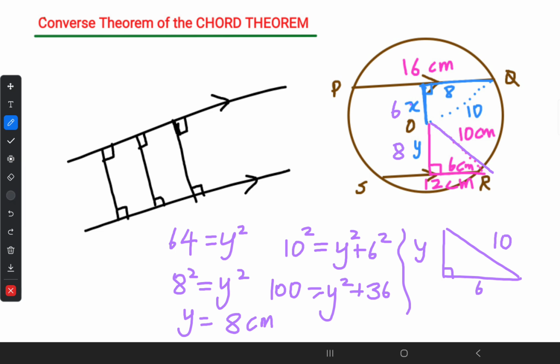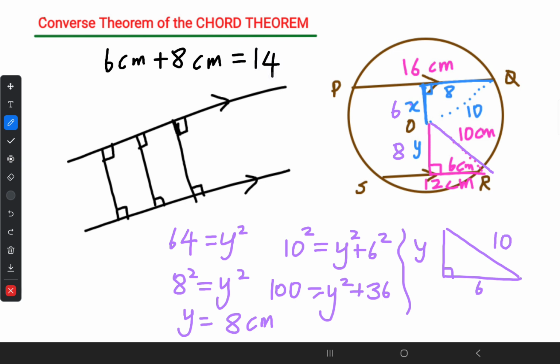What is the perpendicular distance between these two parallel chords? That is our question. Here 6, here 8. This is the distance. So the entire distance is 6 centimeters plus 8 centimeters, which equals 14 centimeters.